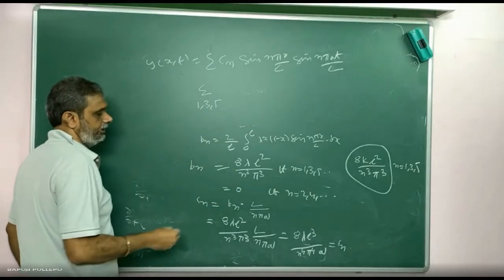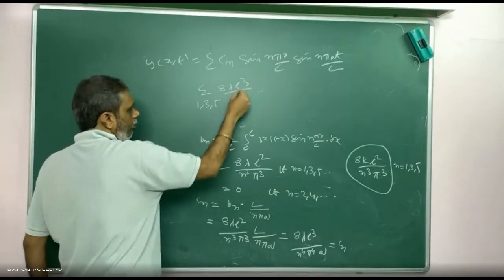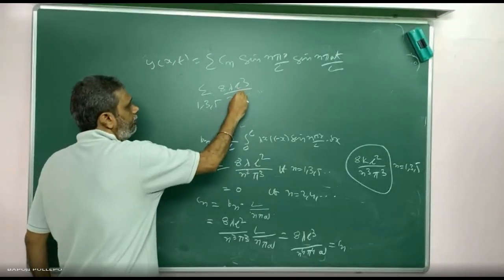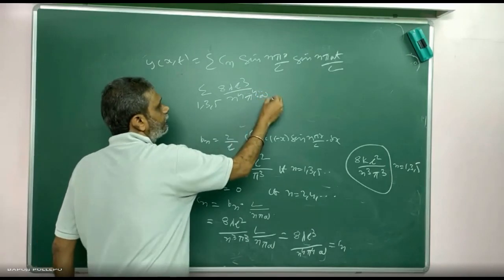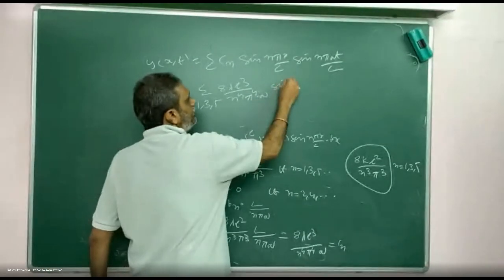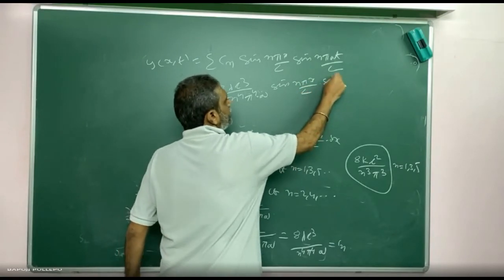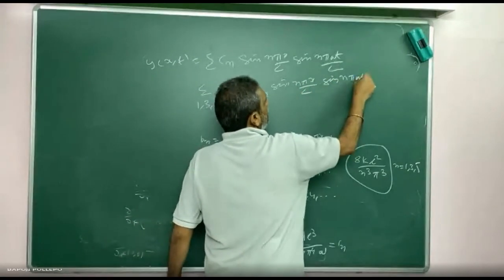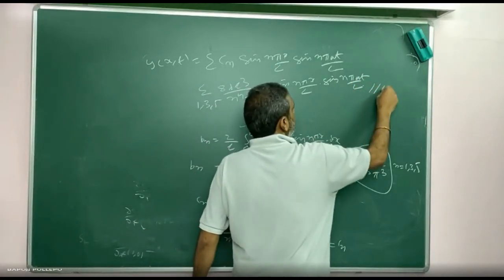For n = 1, 3, 5, Cn is 8 lambda L cube by n power 4 pi power 4 into a. So y = sigma of that into sin n pi x by L sin n pi a t by L. Proved. This only is asked.